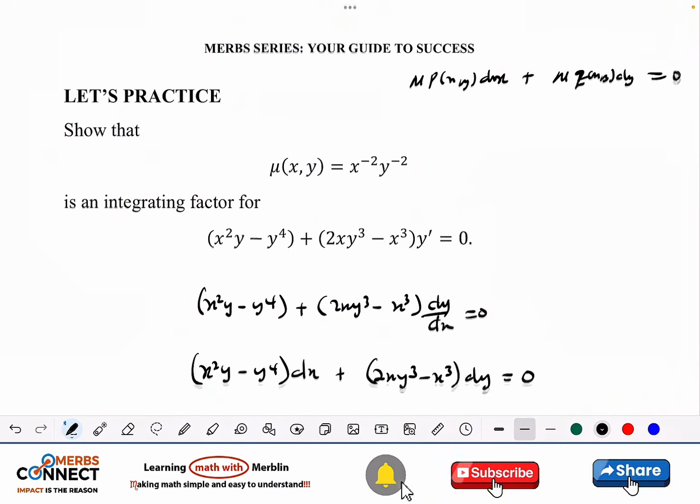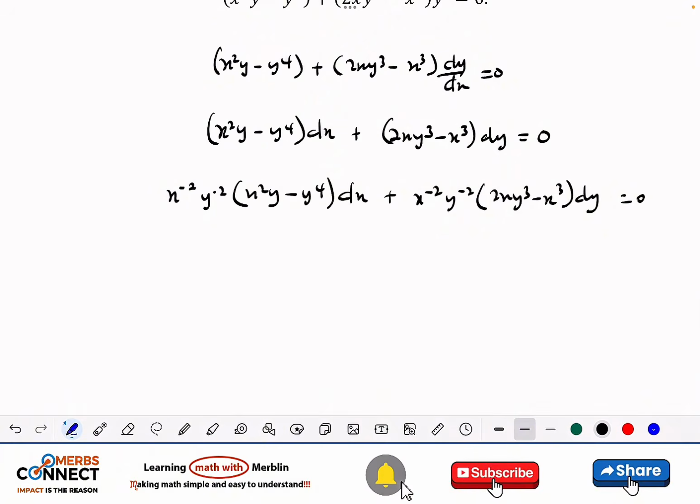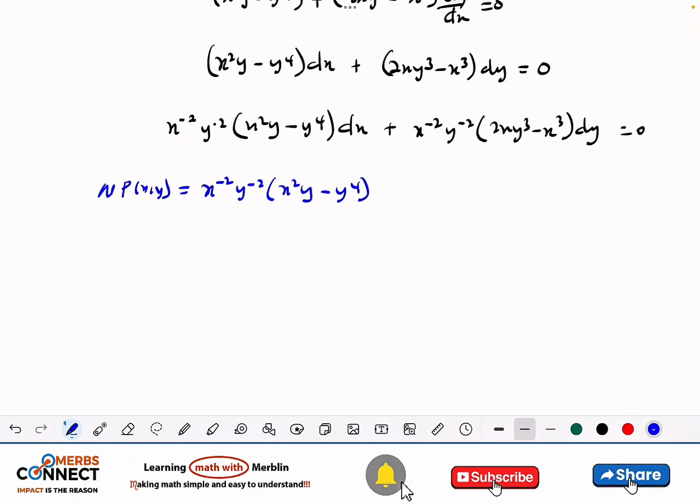So that's what we need to know with finding an integrating factor. So now we have mu p of x y, which is equal to x to the power minus 2, y to the power minus 2, x squared y minus y to the power 4.